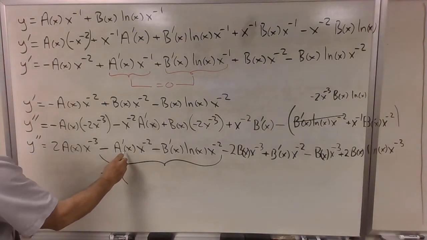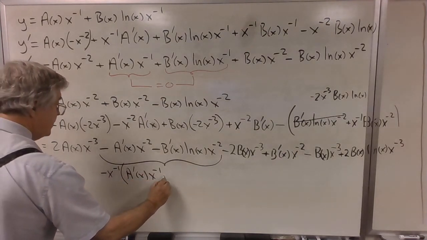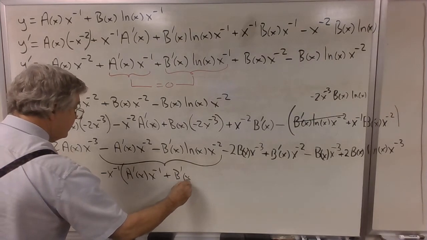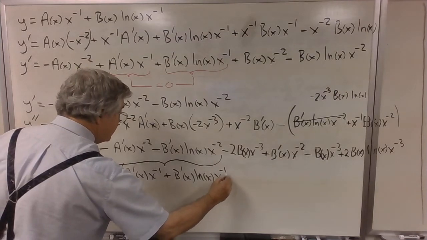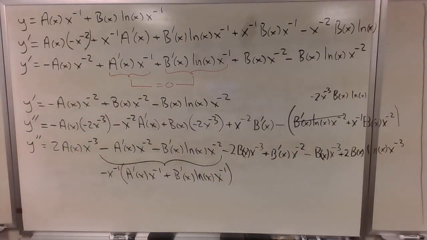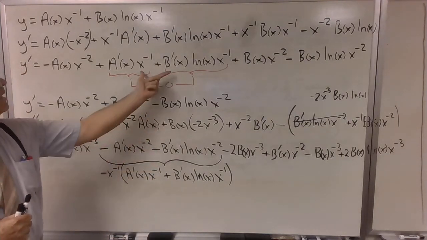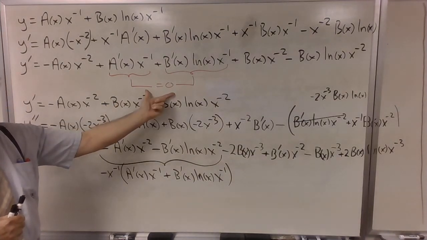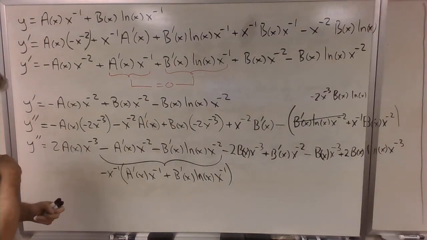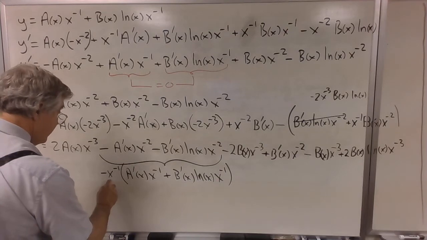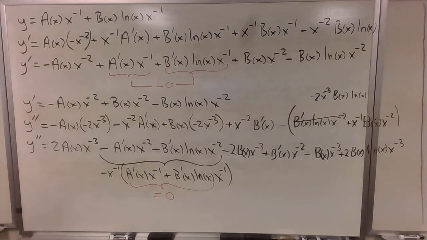And that will give me a prime of x, x to the negative 1, plus b prime of x, natural log of x, x to the negative 1. And what we have in the parentheses here is this, which we said equals 0 when we imposed that second restriction. So this whole piece of junk is 0.